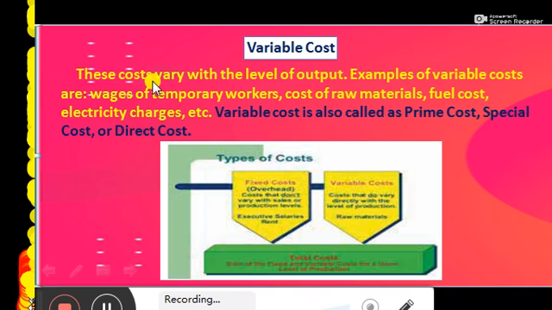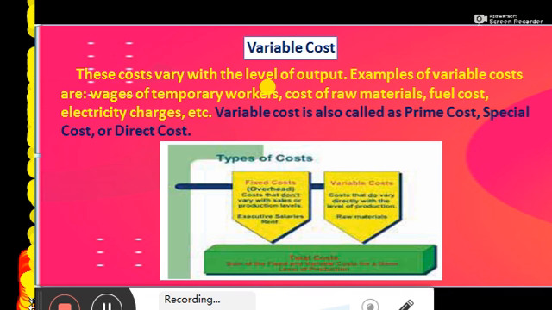So variable cost, these costs vary with the level of output, changes occur. Examples of variable cost are wages of temporary workers, cost of raw materials, fuel cost, electricity cost, and everything. Variable cost is also called prime cost, special cost, or direct cost.